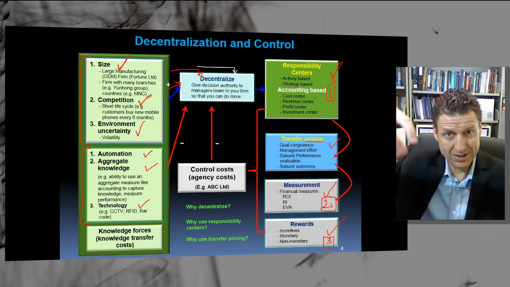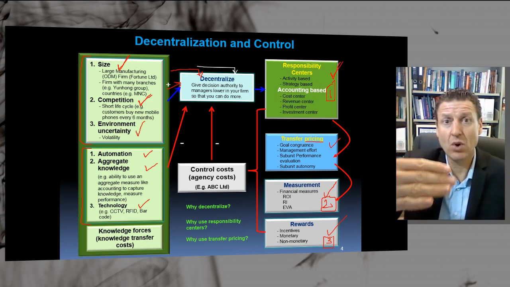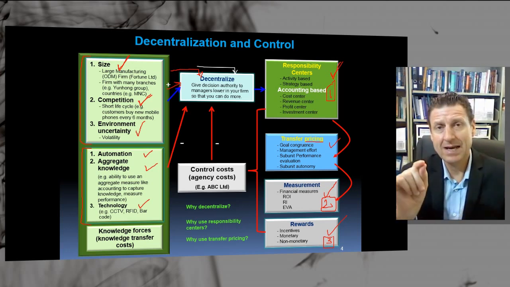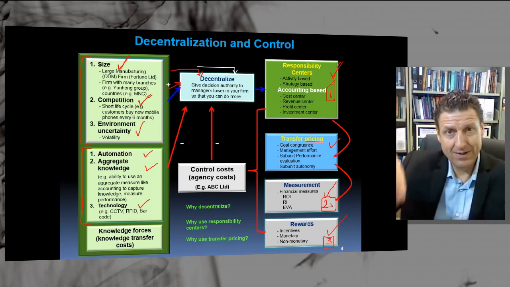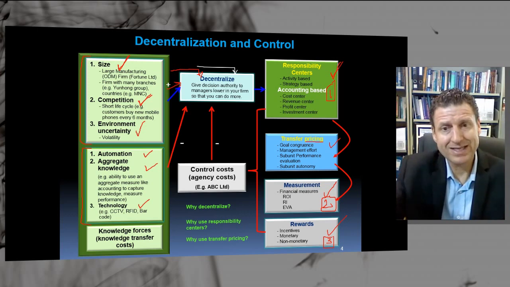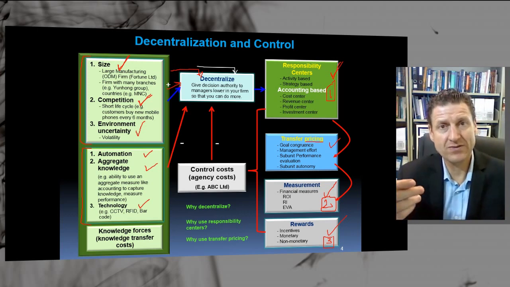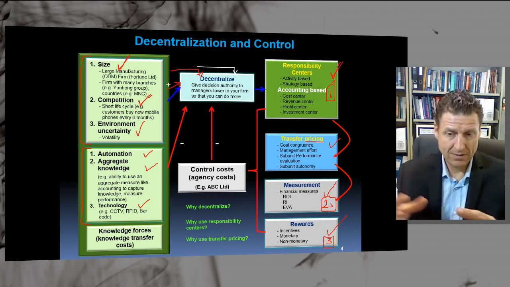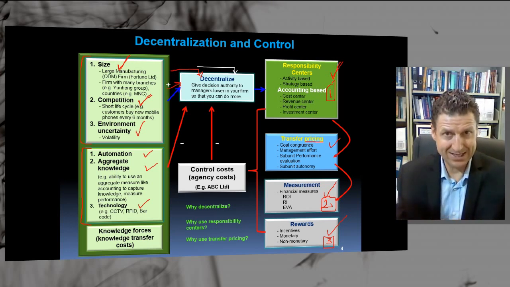All right, because we've got the three-legged stool in place. We're measuring more. We're giving bonuses for hitting those KPIs. Now, part of these control costs is transfer pricing. And transfer pricing enables us to help manage interactions of exchange of value between two or more decentralized divisions.